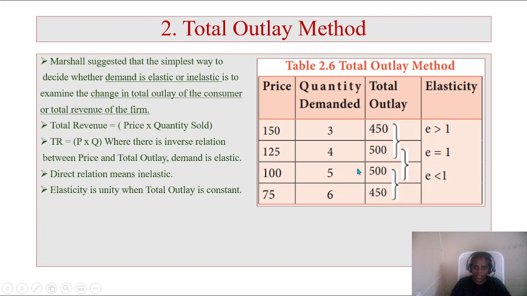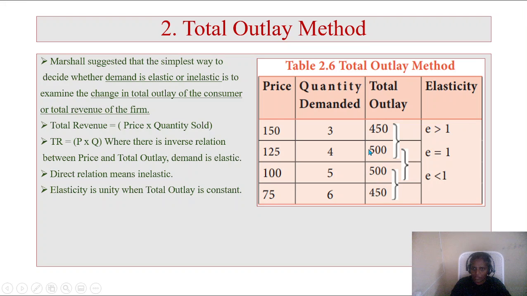Again, if the price of the commodity decreases from 125 rupees to 100 rupees, what happens to the quantity demanded by you? Still it increases. So you will be tempted to buy one more ice cream, and if the total outlay is the same, generally the expenditure remains constant.